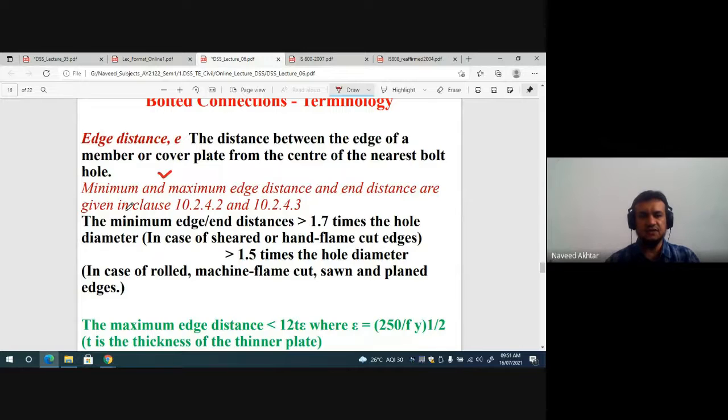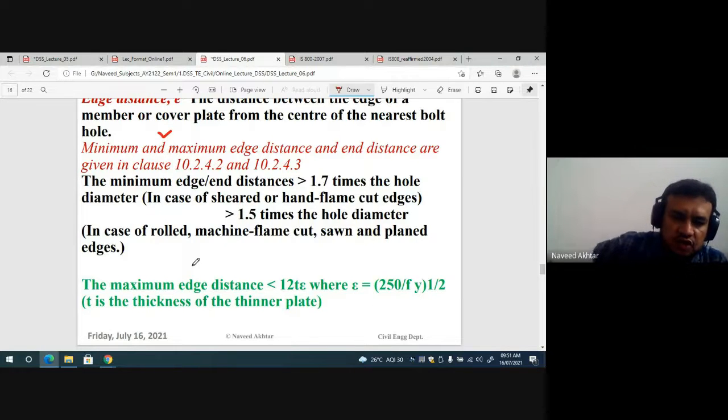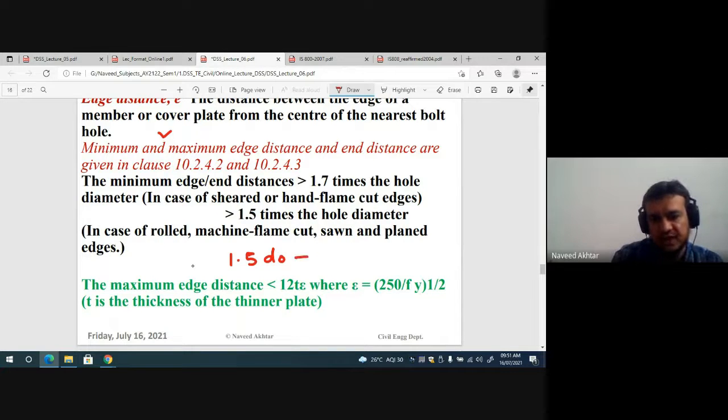The minimum edge distance is based on the type of cutting you are doing for the holes. If your hole is machine flame cut, then the edge distance will be 1.5 times the hole diameter.